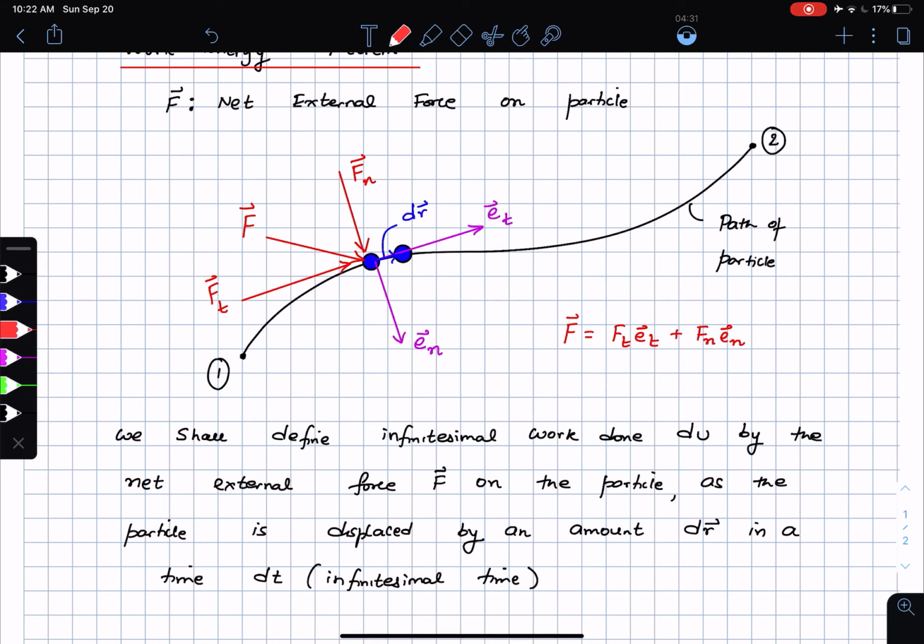You will also notice that this displacement vector dr can be written as some distance traveled in the tangential direction. This is something that we know from basic particle kinematics.